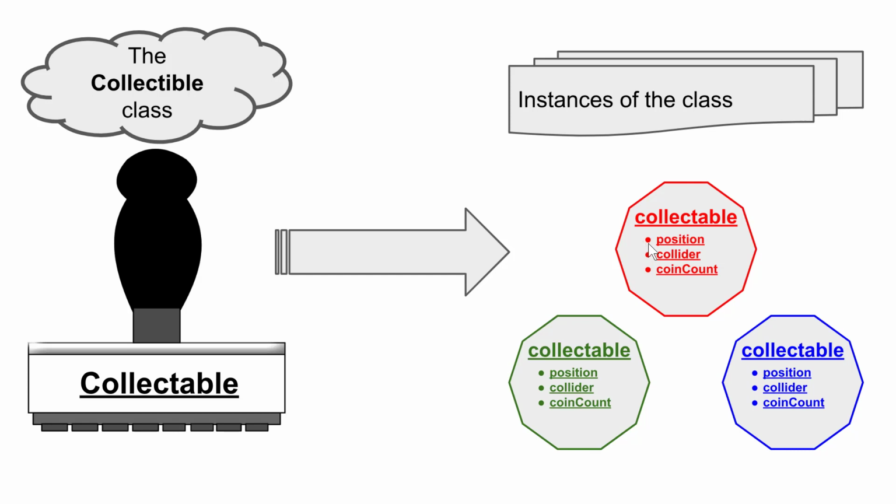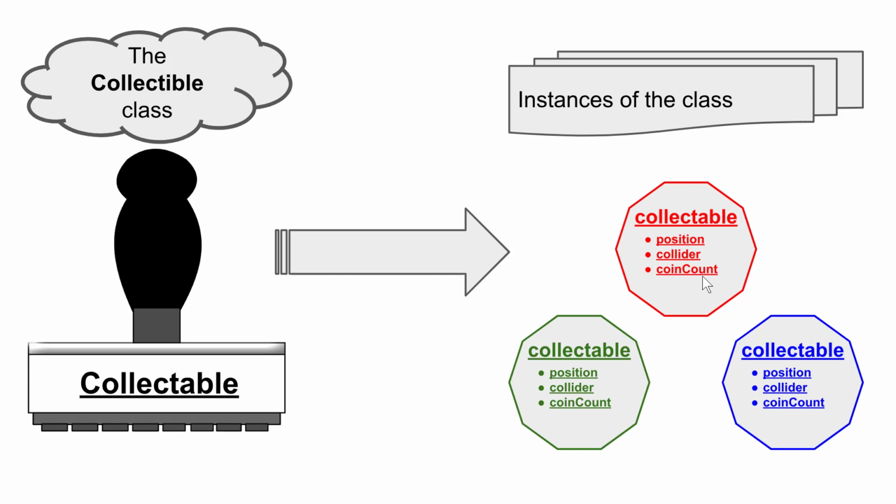As we noticed, every instance has all these different variables that belong to it, right? Each instance has its own position, its own collider, and the way we have it programmed right now, its own coin count. But having every coin have its own coin count is silly, because it'll only ever go to 1, since we're destroying the coin and you can never collect it again.